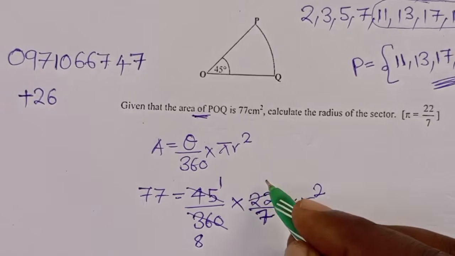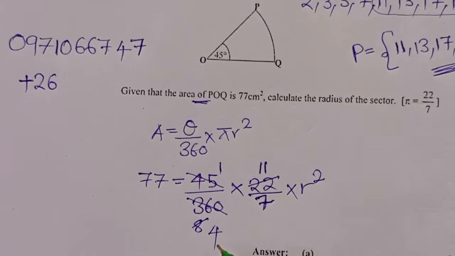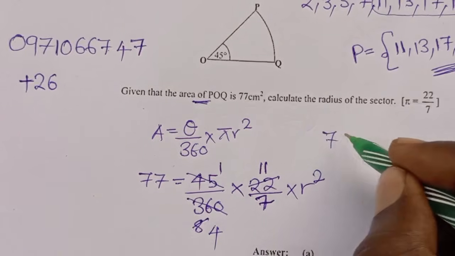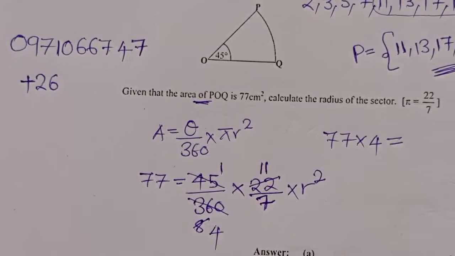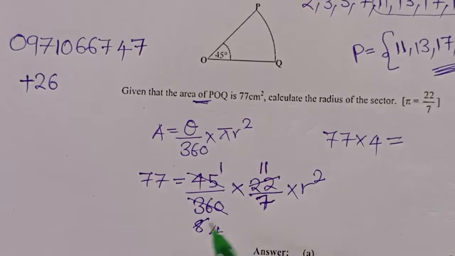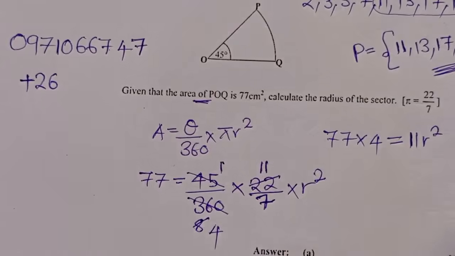Then 2 over 11 times r squared, and the 8 reduces the 2 to a 4 down here. I cross multiply: 77 multiplied by 4 is equal to 1 times 11 times r squared, which is 11 r squared.